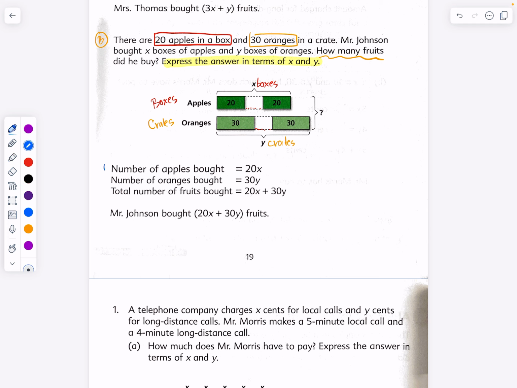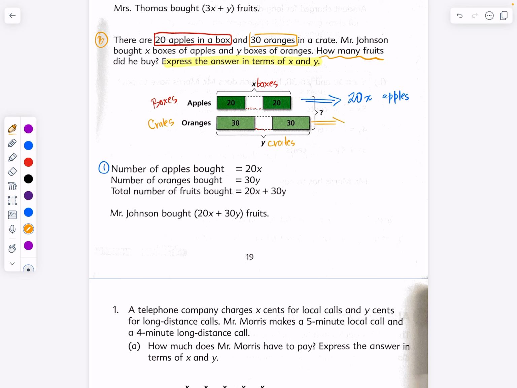Step 1. What's the total number of apples? Well, 1 box of apples is 20. X boxes is 20 times X. So we have 20X apples all together. We don't know how many exactly, we just know they're X boxes. Now, what about oranges?